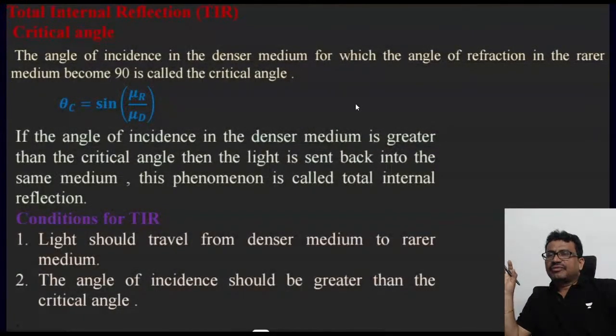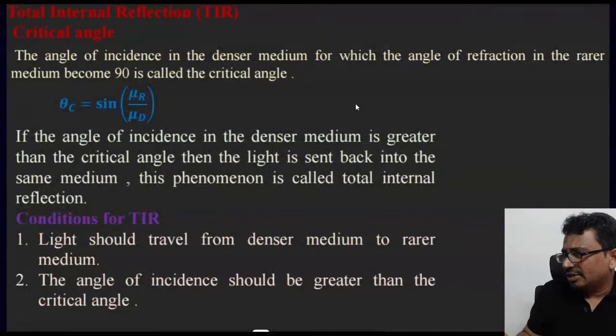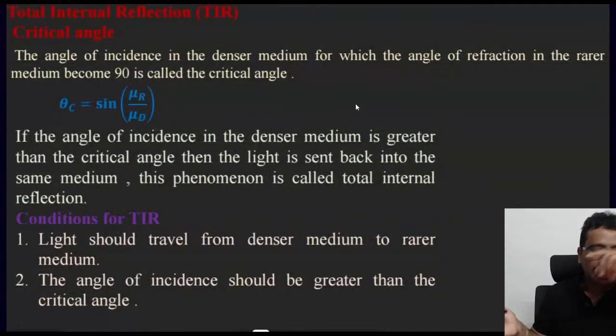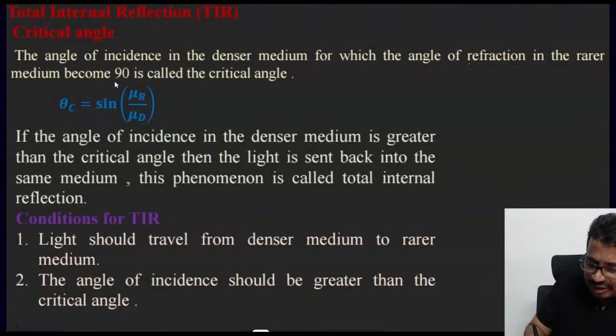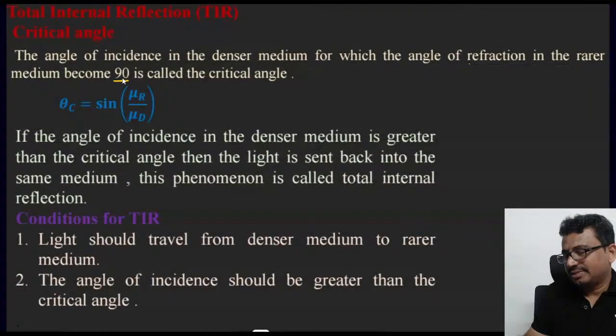Next, total internal reflection. This is another important concept, TIR we used to call it. Here, critical angle. What does critical angle mean? The angle of incidence in the denser medium for which the angle of refraction in the rarer medium becomes 90 degrees is called the critical angle.